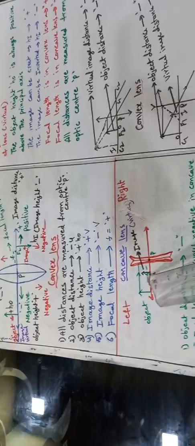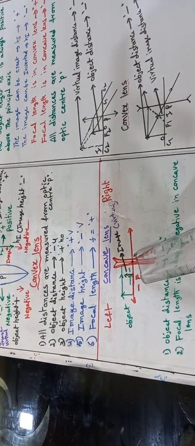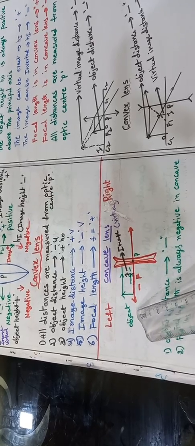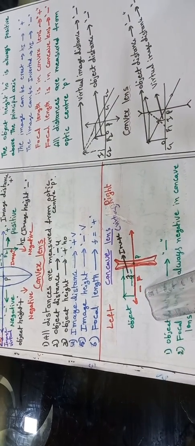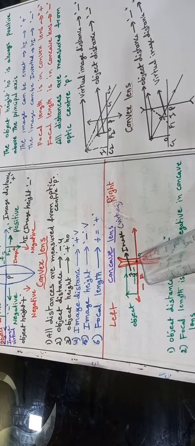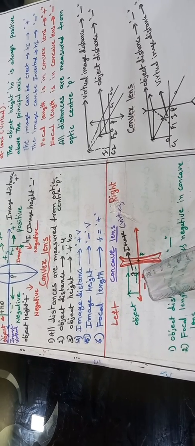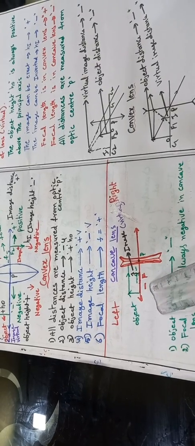We also measure the distance from the optic center to the object, and this distance is measured with a negative sign. Next, the distance from the optic center to the image is also measured with a negative sign.